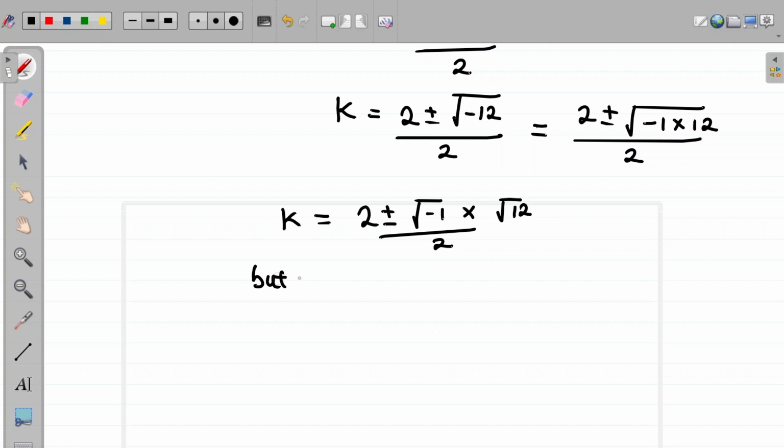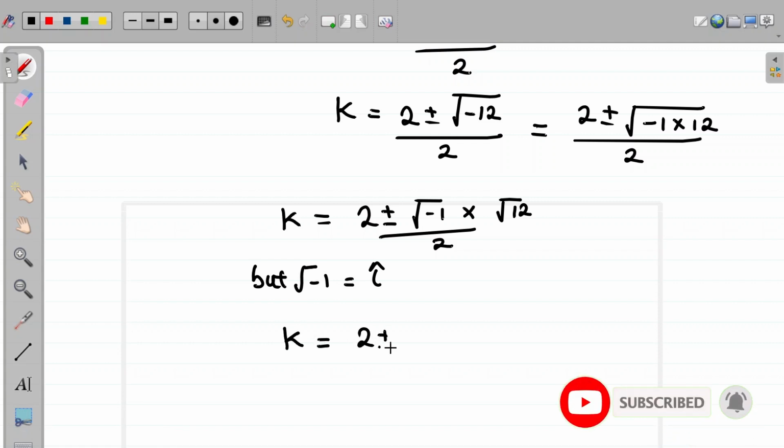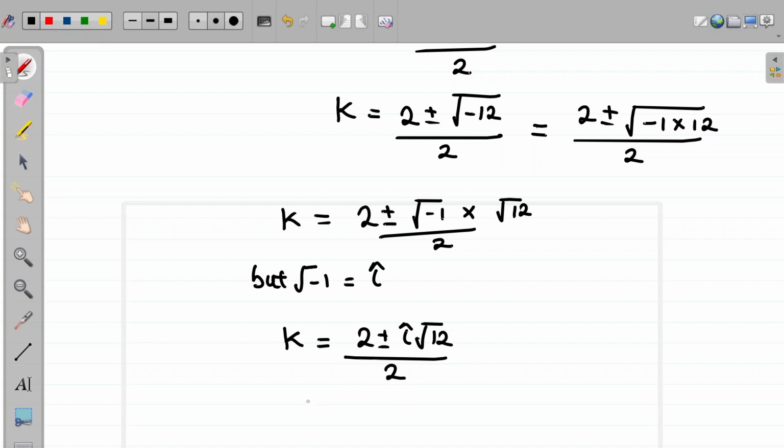But root of negative 1 is equal to i. So our equation becomes k equal to 2 plus or minus i root of 12 divided by 2. k is equal to 2 plus or minus i root of 3 times 4, all divided by 2.